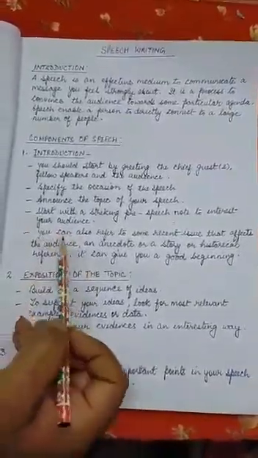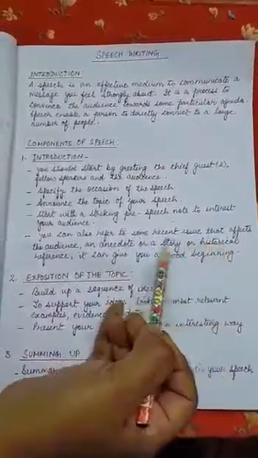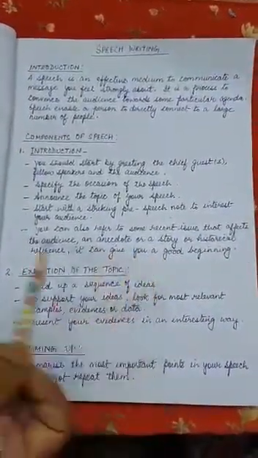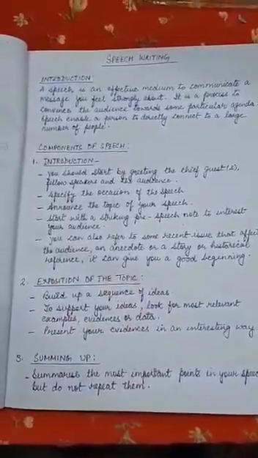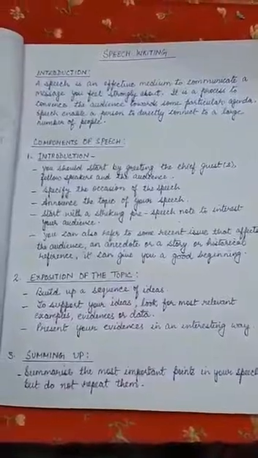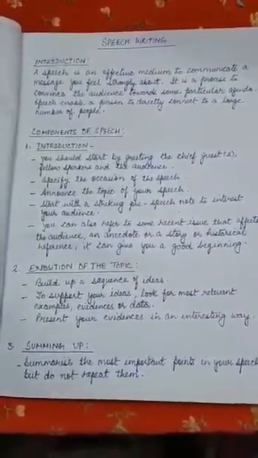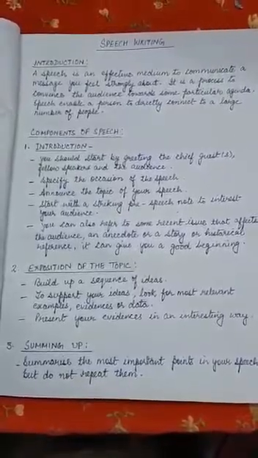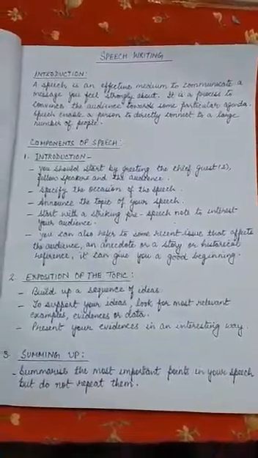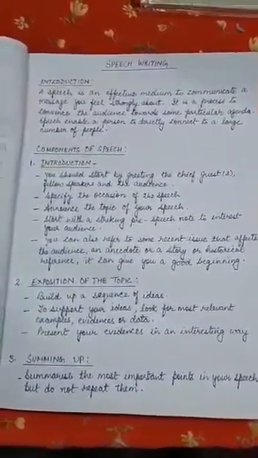Next, you can also refer to some recent issue that affects the audience, an anecdote or a story or a historical reference. It can give you a good kind of beginning. Here you may describe specific examples so that the audience can grasp the concepts and relate to the speech. So the purpose is the same, just to create interest among the audience.